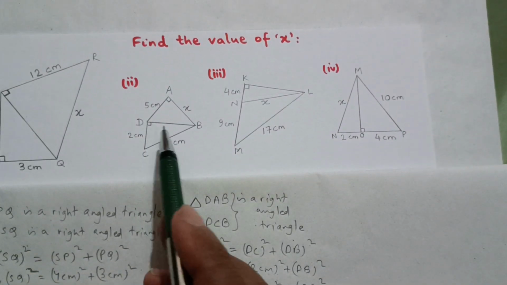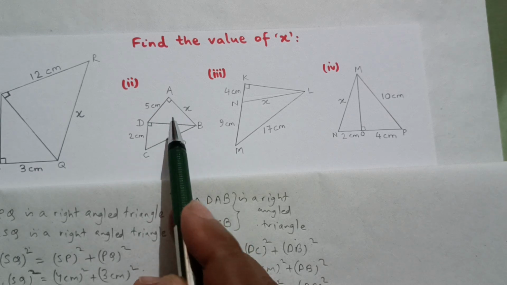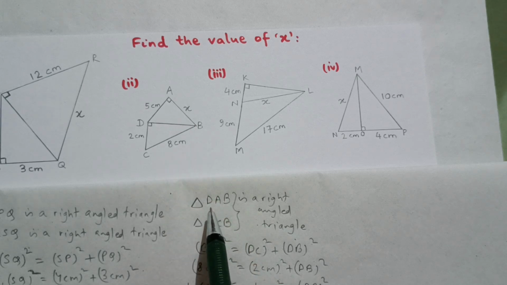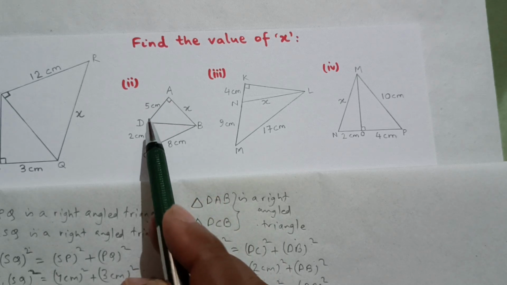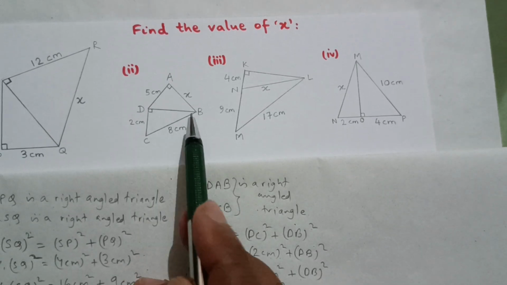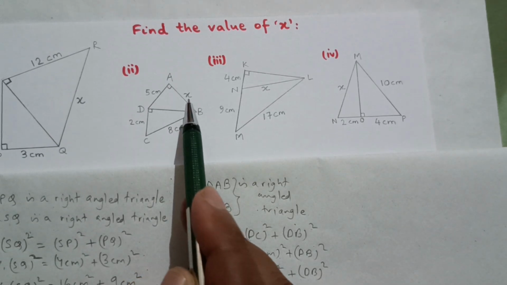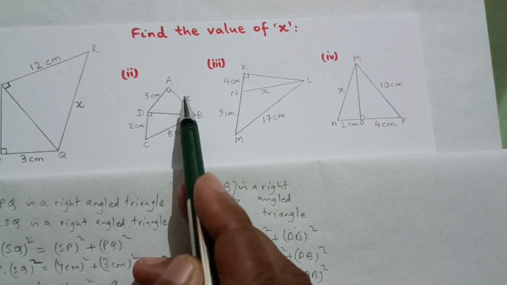So we have found out how much is DB. And now let us go to triangle DAB. Triangle DAB is also a right angle triangle. I know AD, and I have just now calculated DB. So using Pythagoras theorem, I can find out the value of x. So we will apply Pythagoras theorem in this triangle.